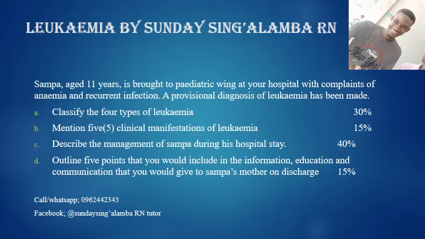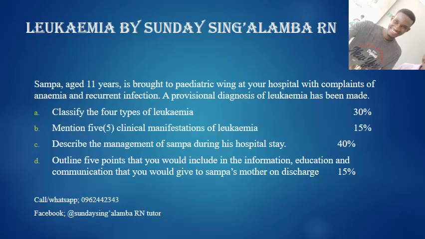The first type of leukemia is acute myelogenous leukemia. This one is also known as acute myelocytic leukemia. It is just an acute form of leukemia that affects the myelocytes.